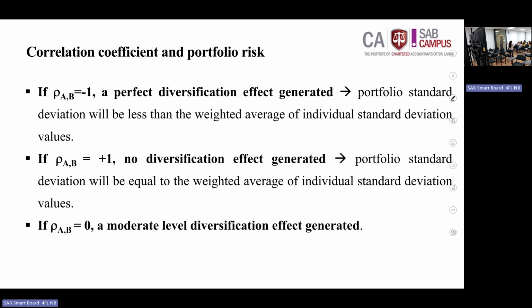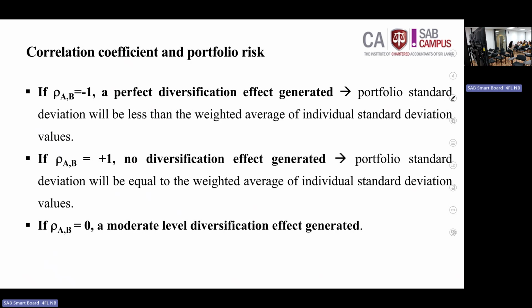Whereas in the perfectly positive case, a 50% decrease in one is again a 50% decrease in the other company. What happened? Total 100% decrease. So perfectly positive is not creating any diversification impact, whereas perfectly negative is creating a diversification impact.